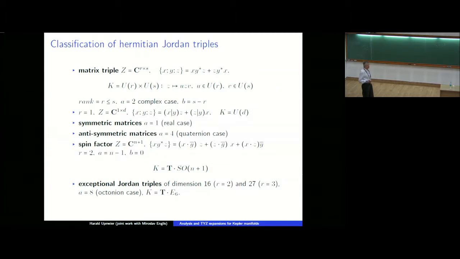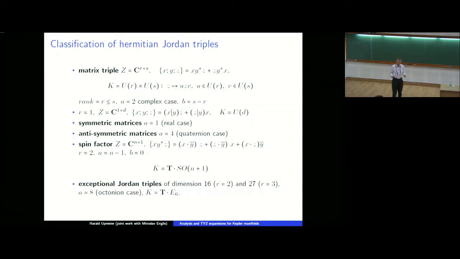Then we have in rank 2, that was my very first example where the classical Kepler varieties came in, the so-called spin factors on Cn plus 1. Here the triple product is a little technical. The rank is 2, and K is essentially the orthogonal group. K always has a rotation in it, because remember by Harishchandra, it was the circularity, that is the torus that is always part of the K. That is the second type, the spin factor.